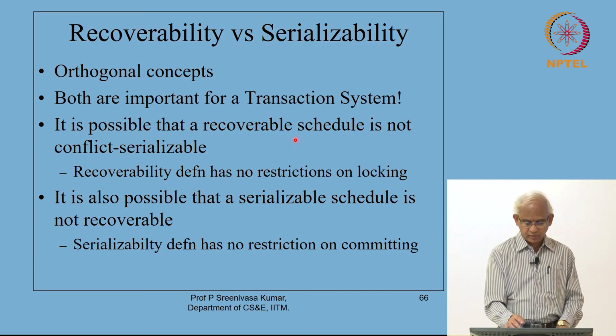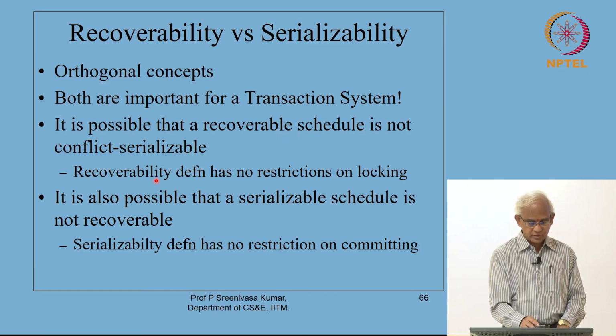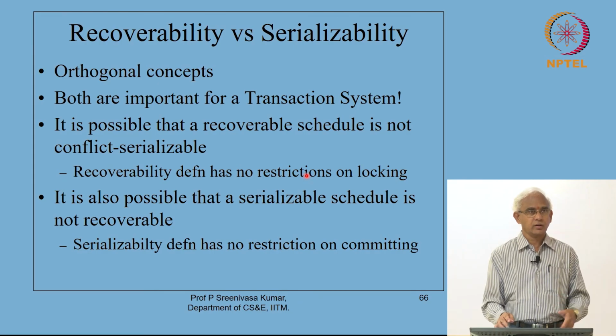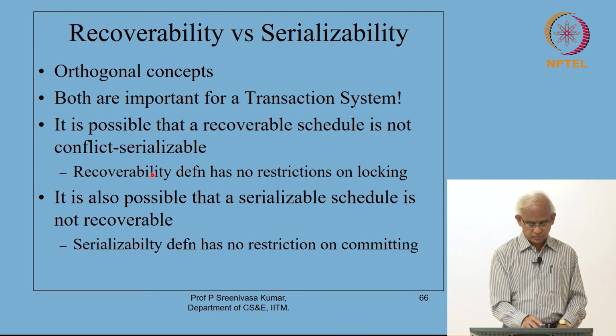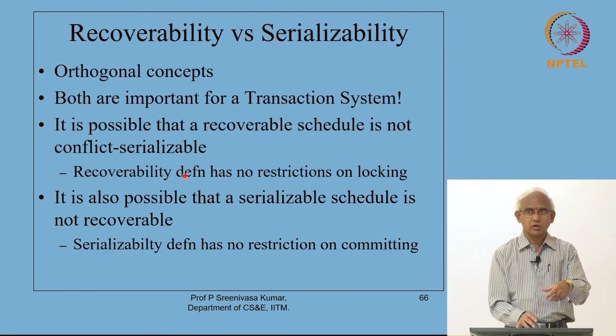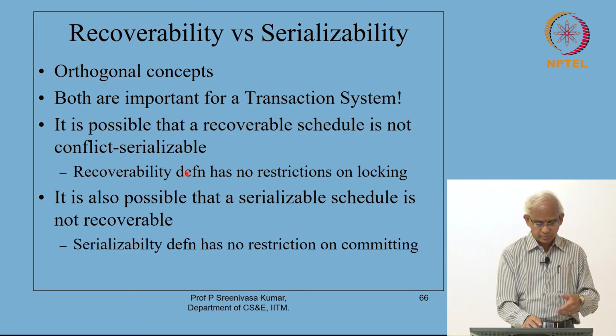It is possible that a recoverable schedule is not conflict serializable, because recoverability does not put any restrictions on locking, two-phase or otherwise. All that we are saying is who has read from what item, and that commits should be in a particular order. So, it is bothered about commits.